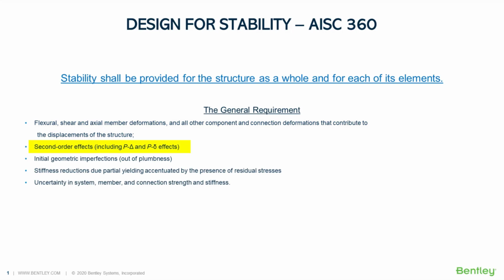Second order effects, including P large delta and P small delta, have to be considered. We need to consider initial geometric imperfection like out of plumbness or member out of straightness. Then stiffness reduction due to partial yielding, accentuated by the presence of residual stress, has to be taken care of. And finally, the uncertainty in the system, member or connection strength and stiffness.